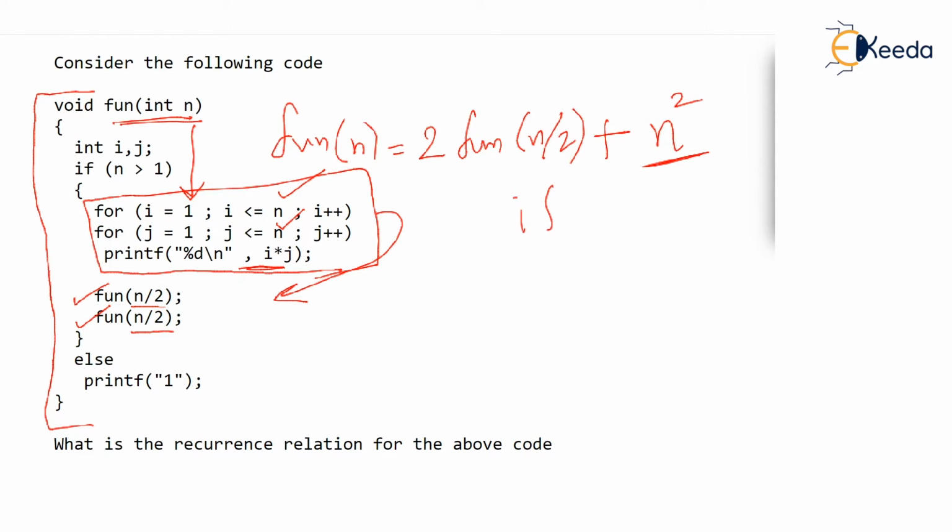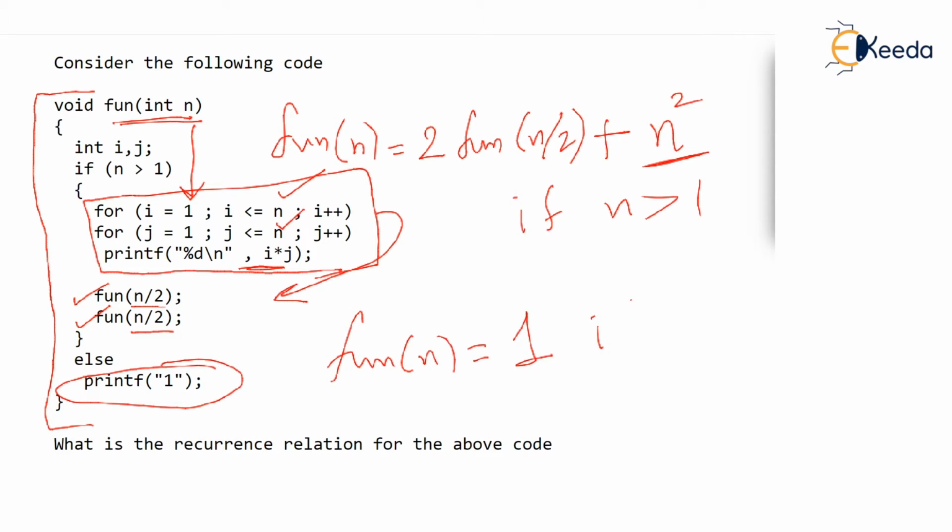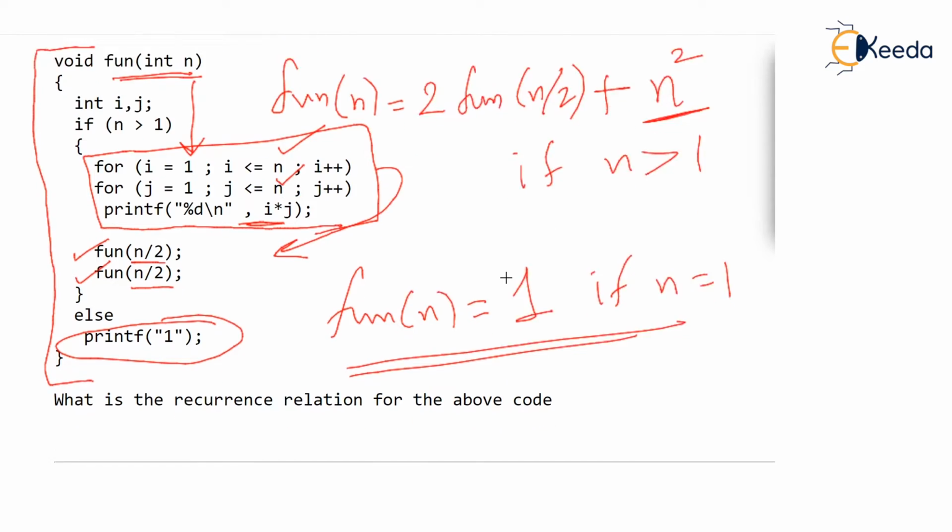But this is possible only if n is greater than 1. But if n is 1, then fun n simply executes the printf written at the bottom. So fun n is 1 if n is equal to 1. This is the recurrence relation for the given recursive function, isn't it?